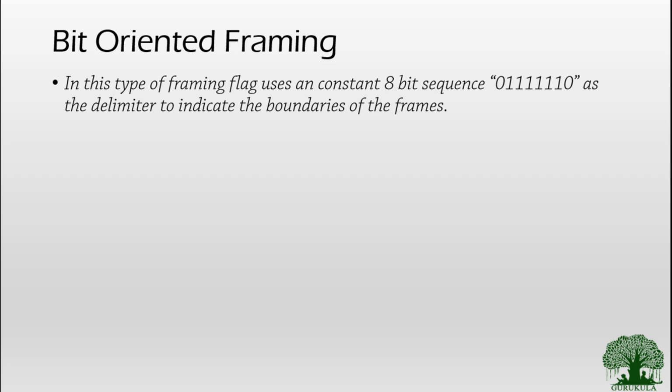This flag sequence will be used for identifying the boundaries of the frame. In our previous example, I said it is 4 pairs of ones and zeros, or it may be anything decided by the protocol. But here in bit oriented framing, we take 0 followed by 6 consecutive ones and again followed by a 0. So this represents the start of the frame and the end of the frame.